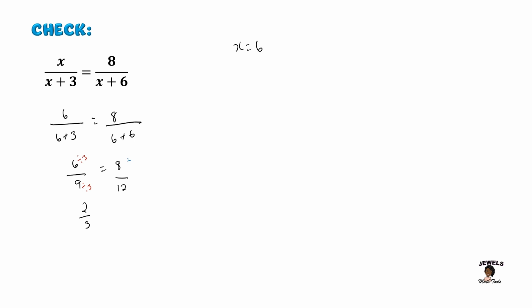And their highest common factor is 4. So we know that 8 divided by 4 is equal to 2, and 12 divided by 4 is equal to 3. So both sides of our equation are equal to 2/3, which means that my x equals 6 also is a valid solution for my equation.